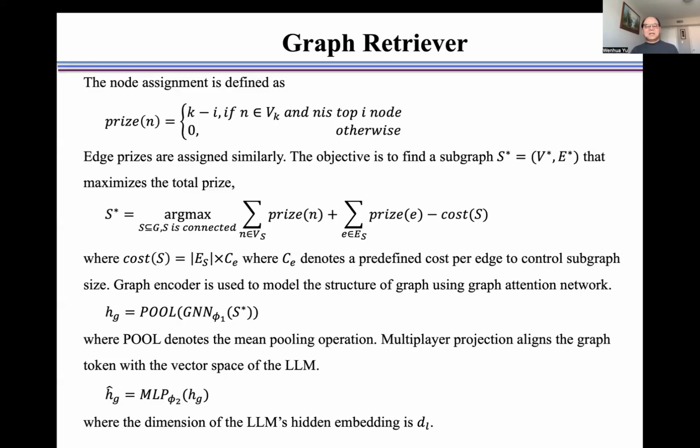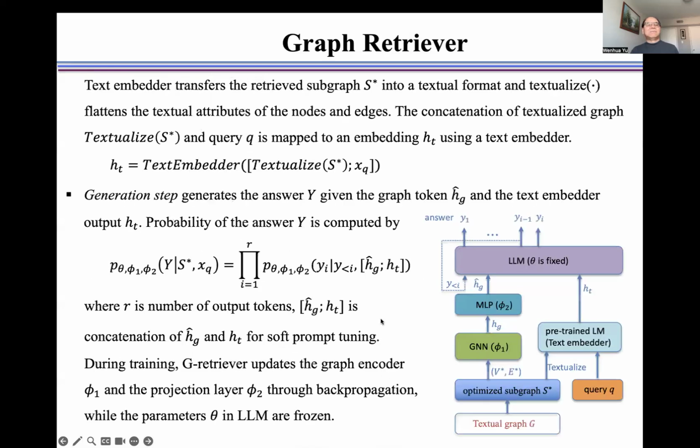The multi-layer projection aligns the graph token with the vector space of a large language model, as shown here, where the dimension of the large language model's hidden embedding is dl. The text embedder transfers the retrieved subgraph S star into a textual format, and the textualize function flattens the textual attributes of the nodes and edges.